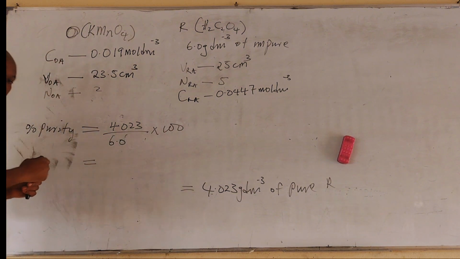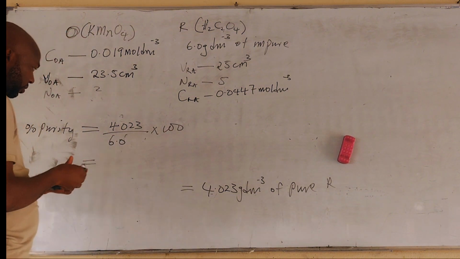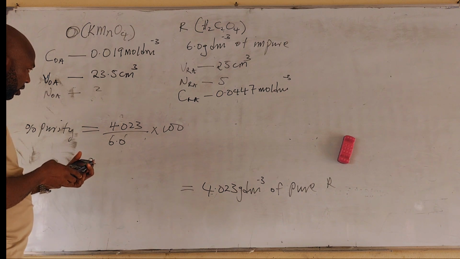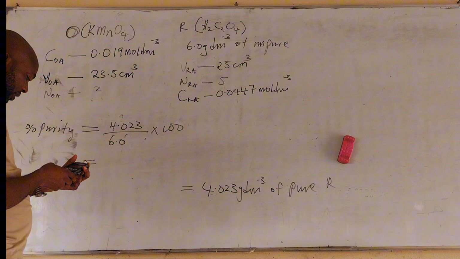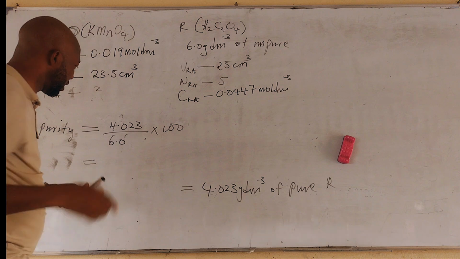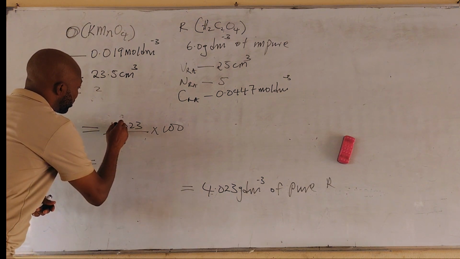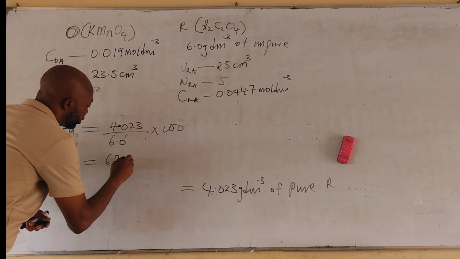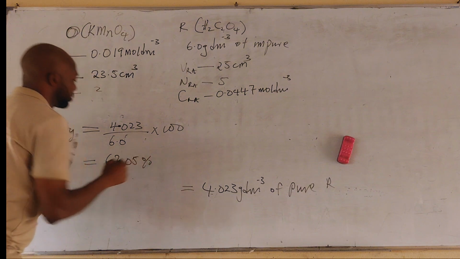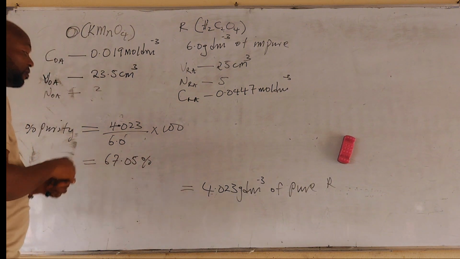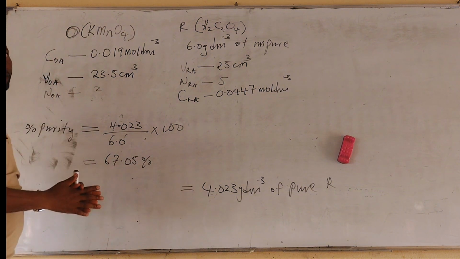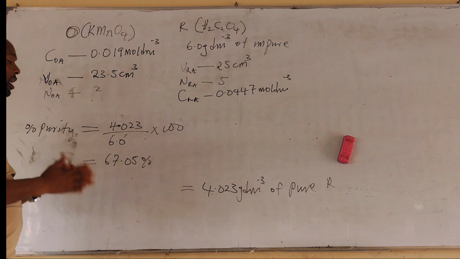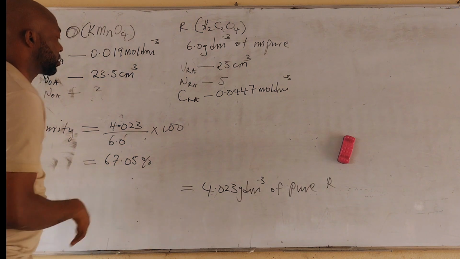And this is equal to 4.023 divided by 6 times 100, which is 67.05%. So it's 67.05% pure. The ethanedioic acid is at least above 50, so that's not bad.